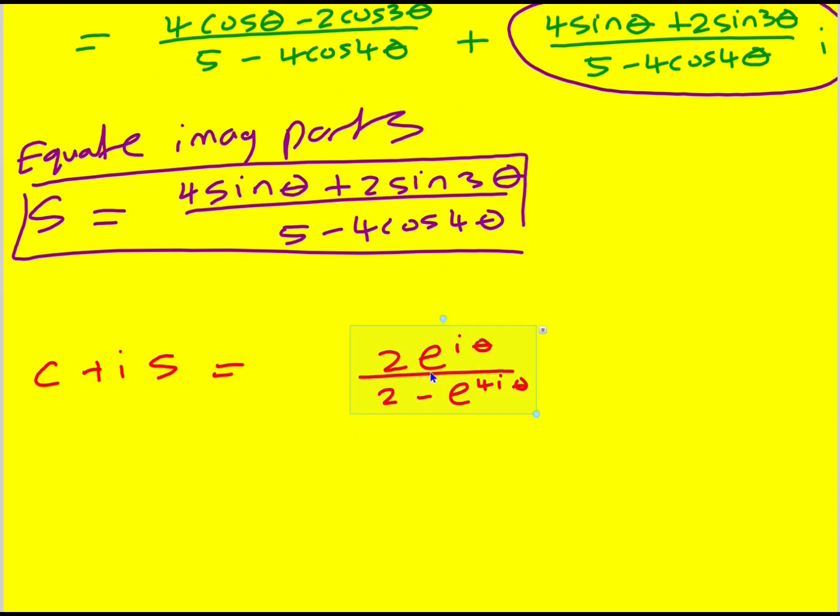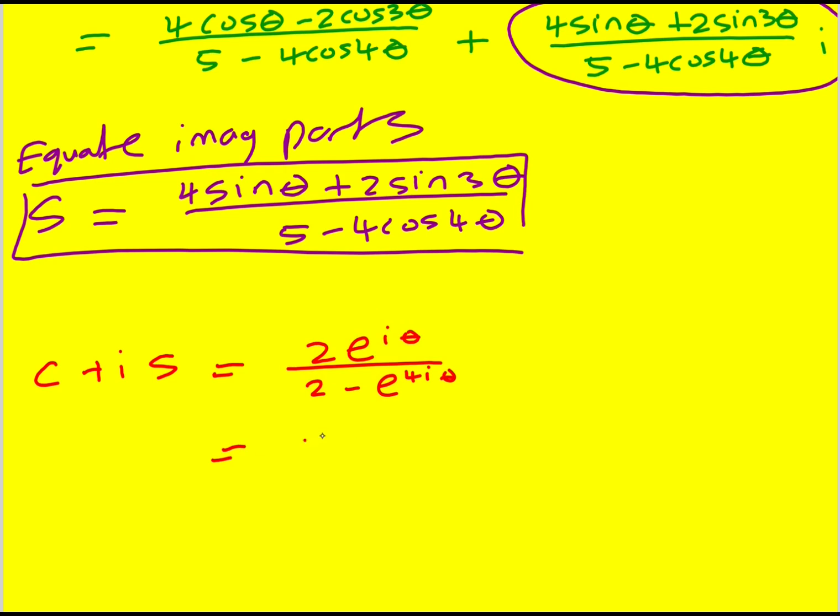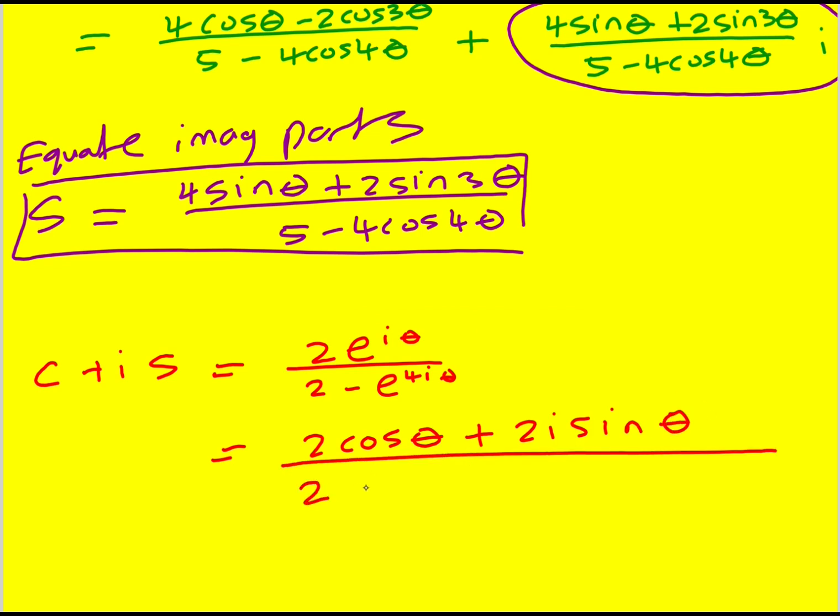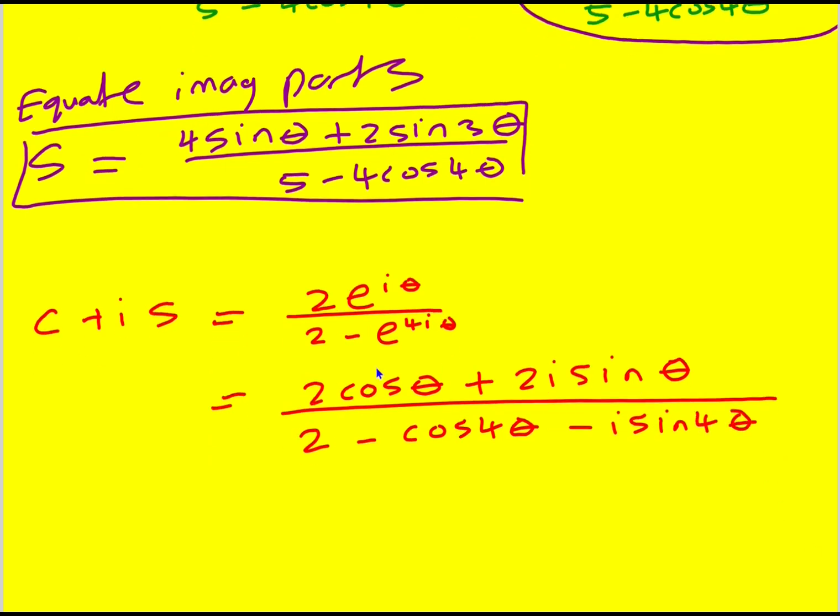So we've got C plus iS equal to this, and then that's going to be 2 cos theta plus 2i sine theta all over 2 minus cos 4 theta minus i sine 4 theta.